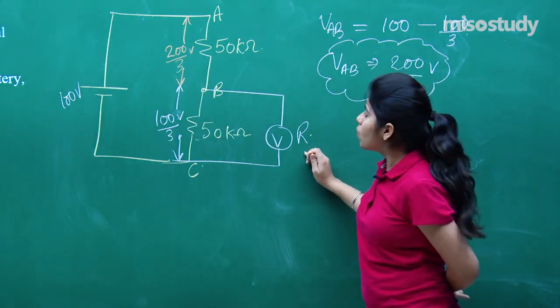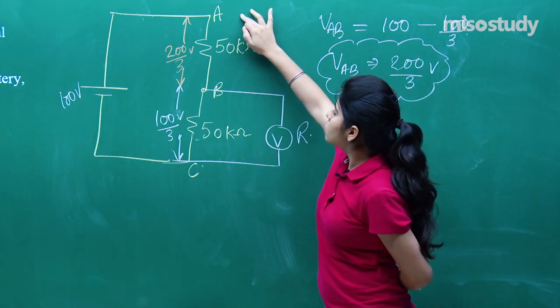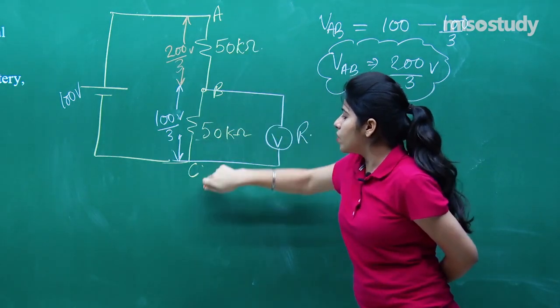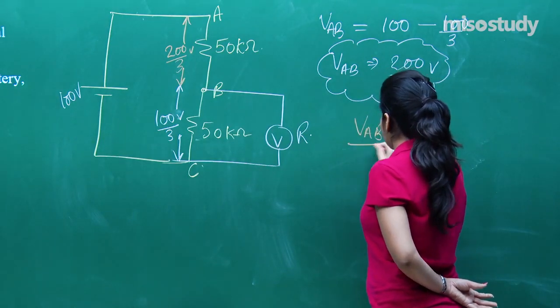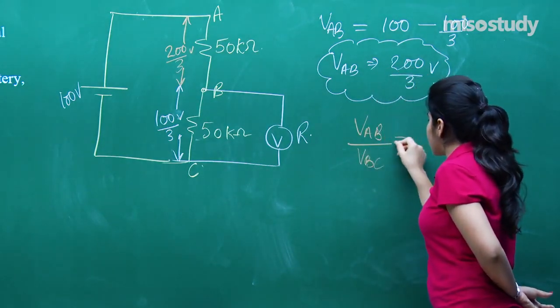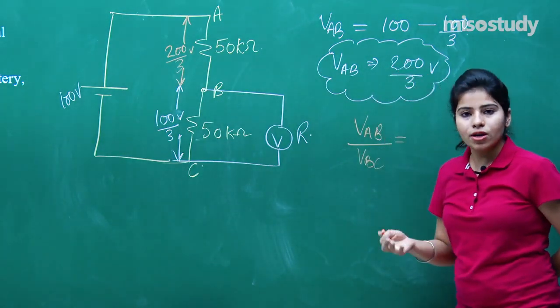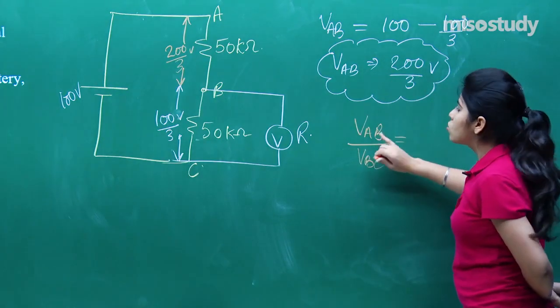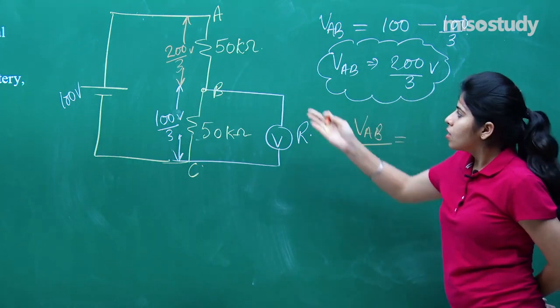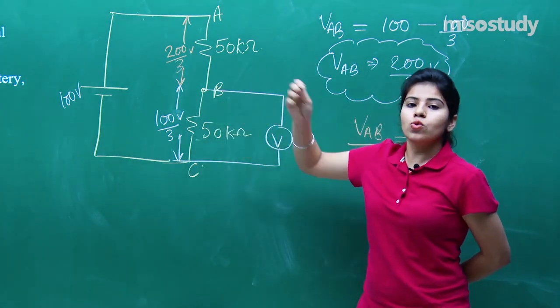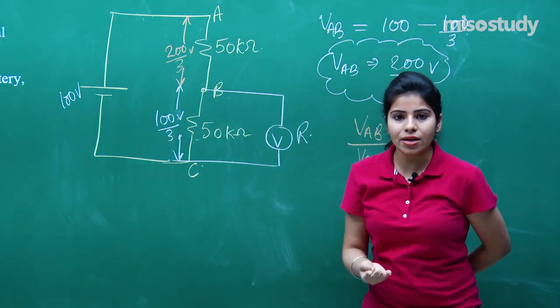Now what we have to do, we have to find out the value of this resistance R. We can easily do one thing. If I do VAB upon VBC, what is the formula for V? V equals IR by Ohm's law. So in the circuit, when two resistors are connected in series, I remains the same.